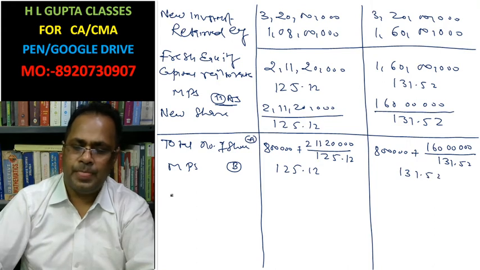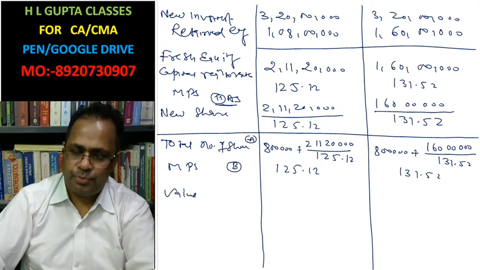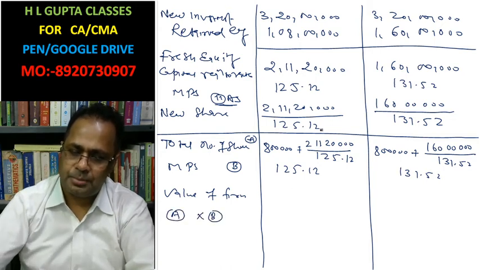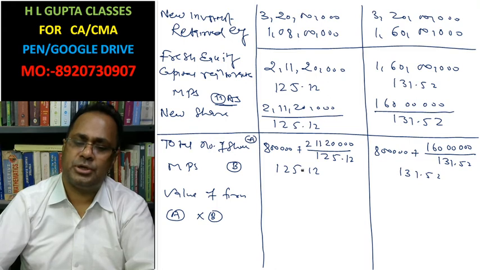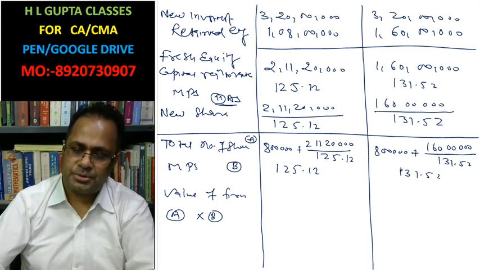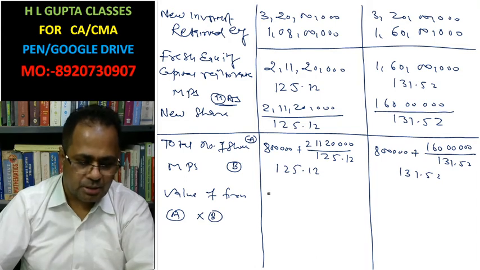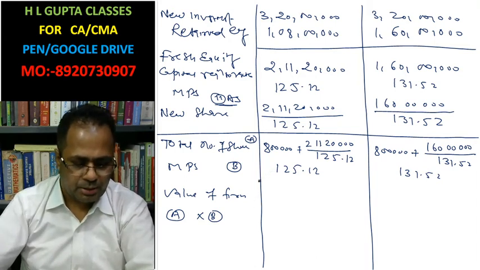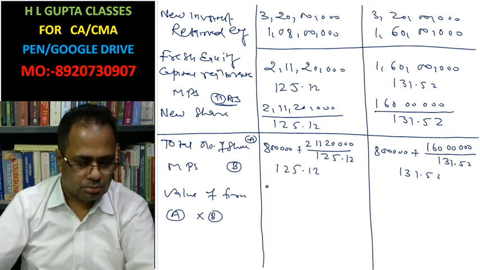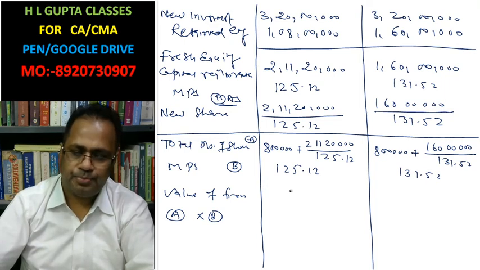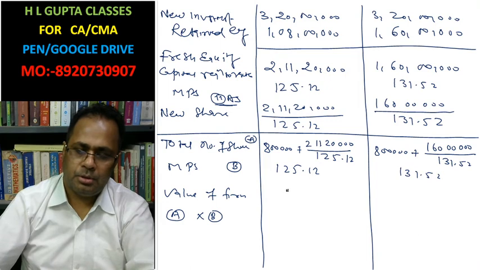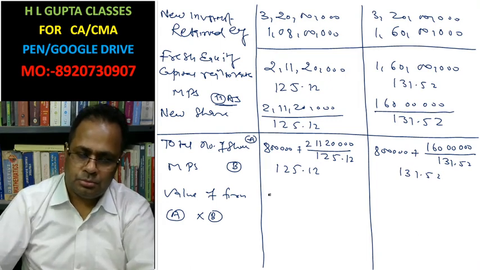Value of the firm is A into B, total number of shares into market price per share. This will be the total value.